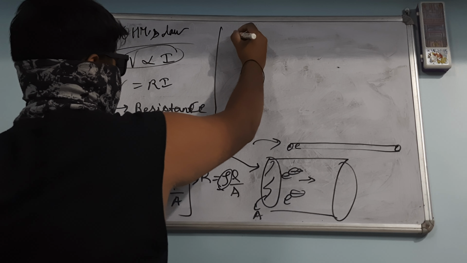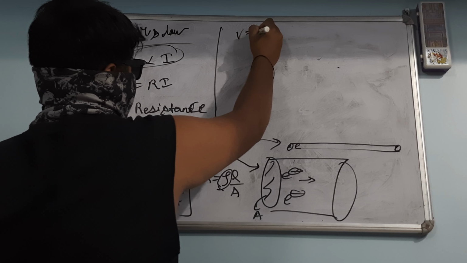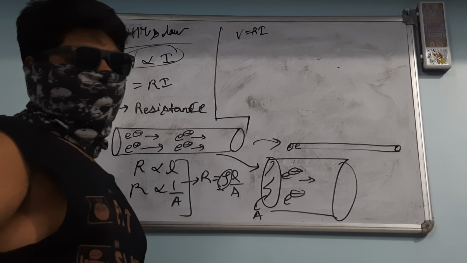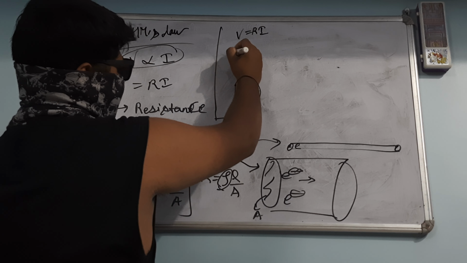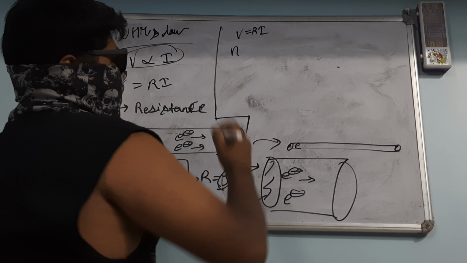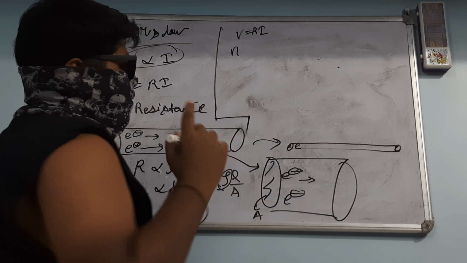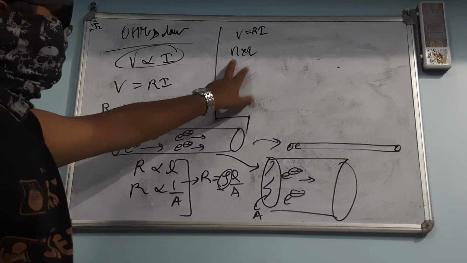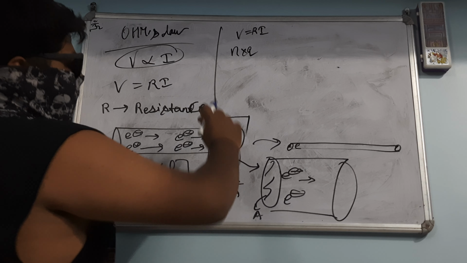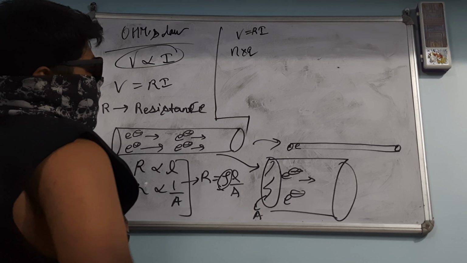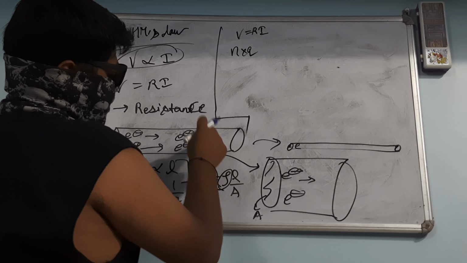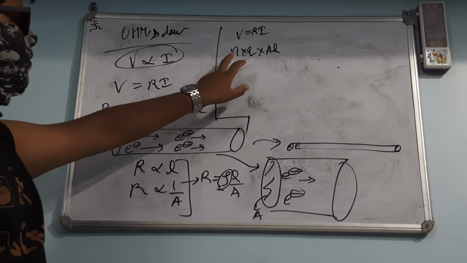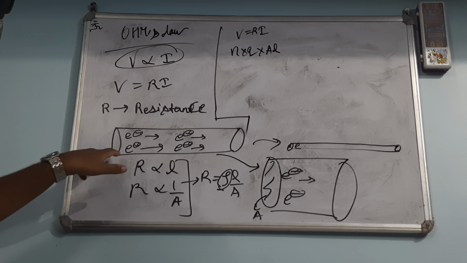As we got V is equal to IR. The number of charges flowing through a conductor, let us assume it to be N, and the amount of charge on one of these charges is Q. So the total charge will be N into Q, and this will be flowing through the volume of this conductor, so this is A into L. So this is the total charge flowing through this conductor.